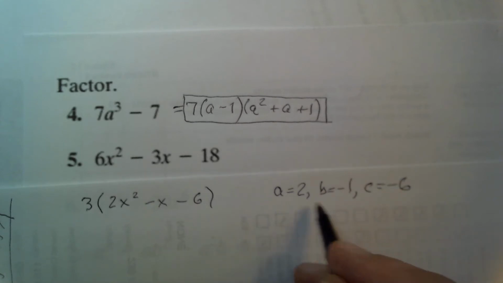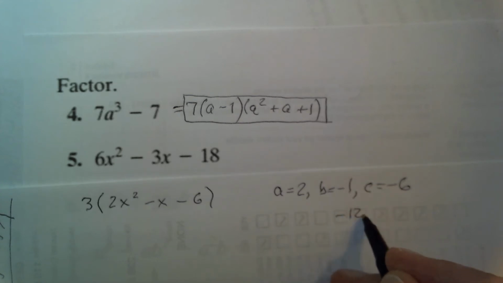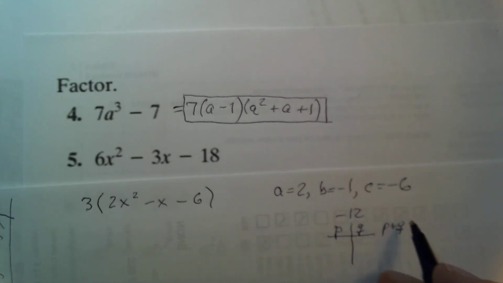Then a times c, 2 times minus 6, is minus 12. And we want to factor minus 12 into integers p and q so that p plus q equals negative 1.